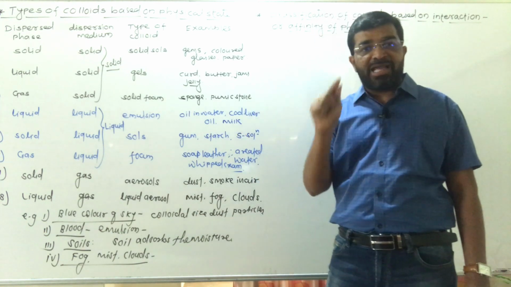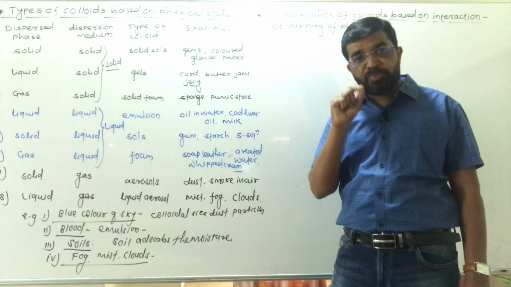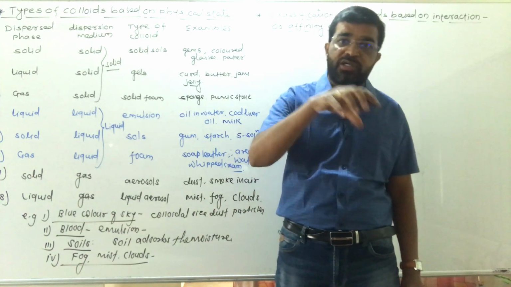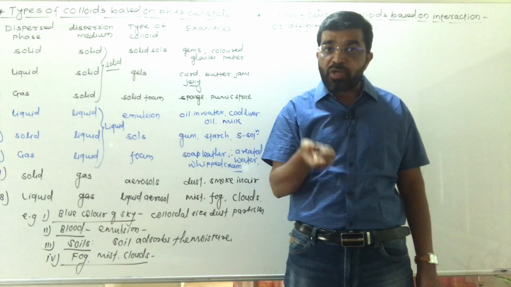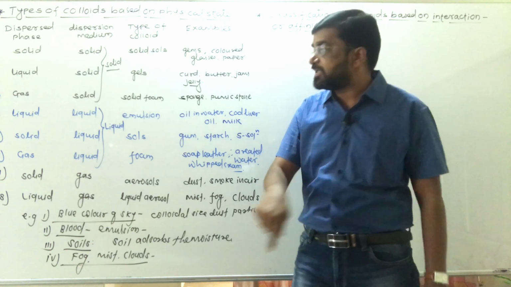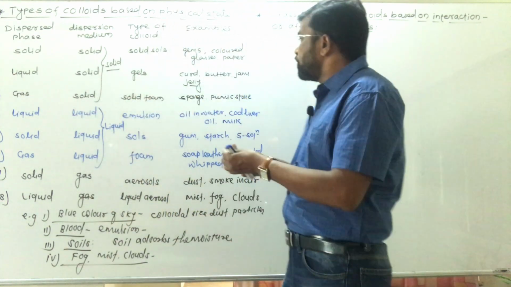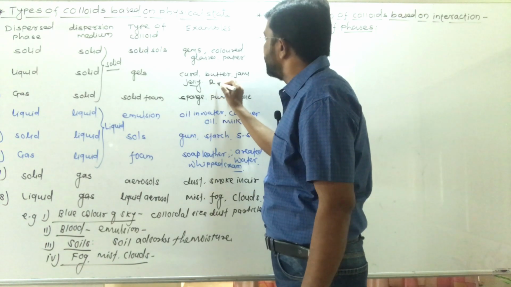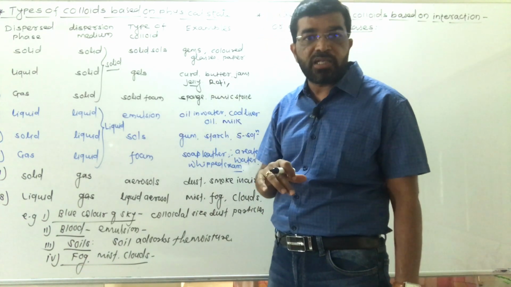Now one example I am telling you: roti. Roti is prepared by adding liquid water to solid flour. So solid is more and liquid is less. So it is a liquid in solid type of solution, meaning roti is an example of a gel.